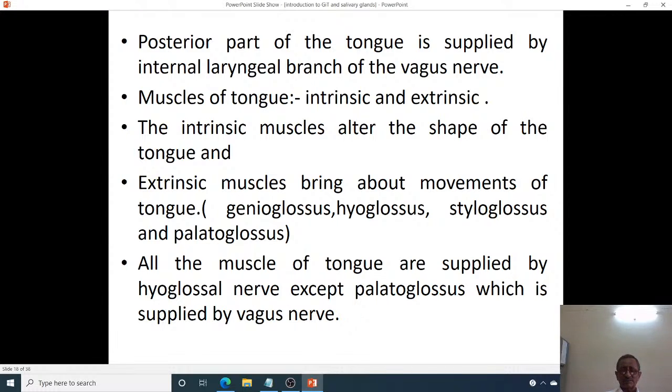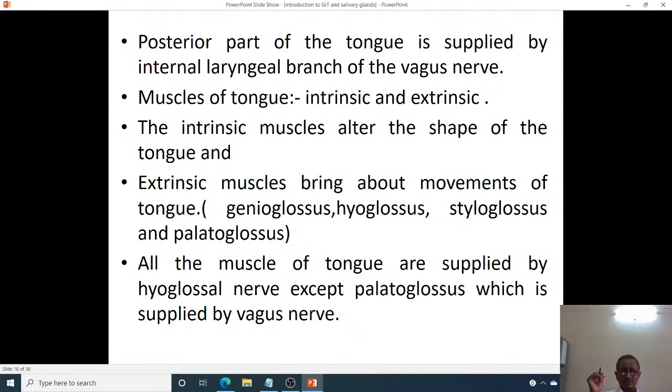These are the muscles that come from the outside and attach to the tongue. Genioglossus is from the genial tubercle of the mandible to the tongue, whereas hyoglossus is from the hyoid bone, styloglossus from the styloid process, and palatoglossus from the palate to the tongue.